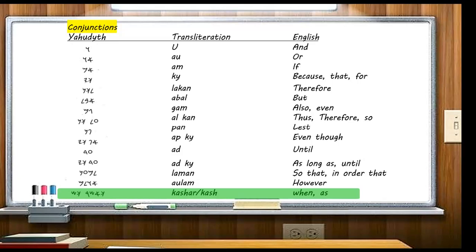So kashar or kash, and that is when or as.